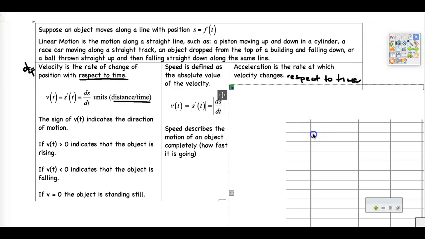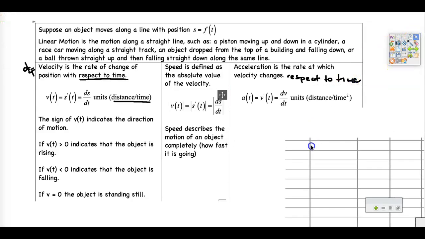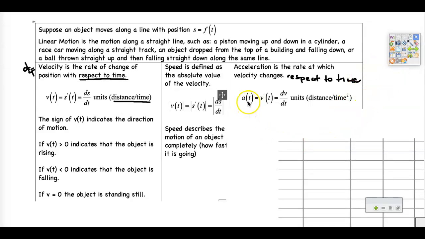Depending on how you want to write it, the acceleration is equal to the first derivative of your velocity, the derivative of velocity with respect to time, and the units would be distance over time squared.